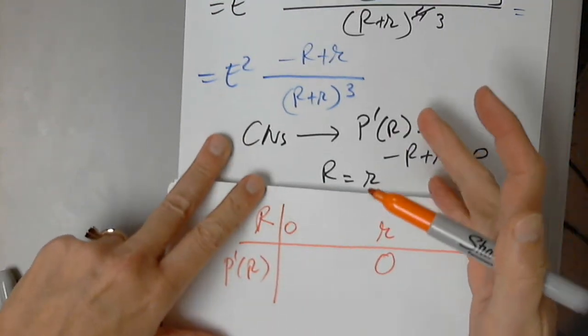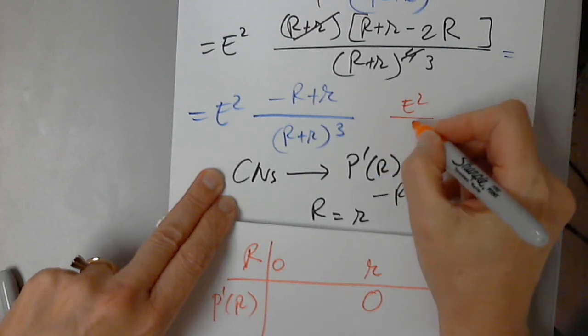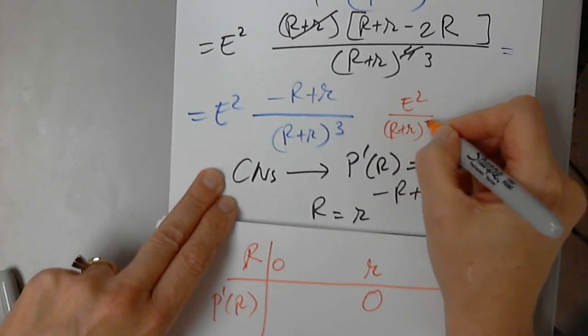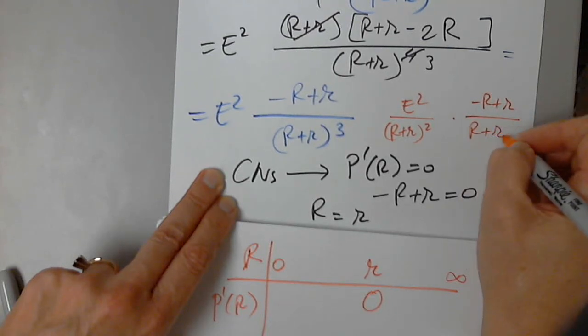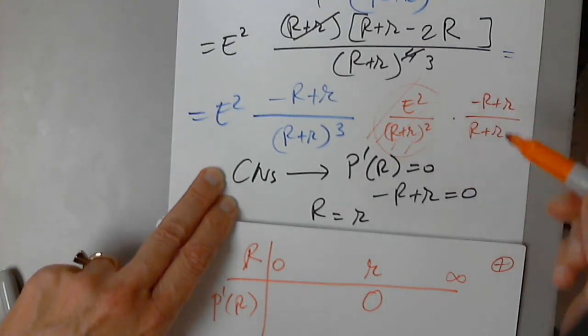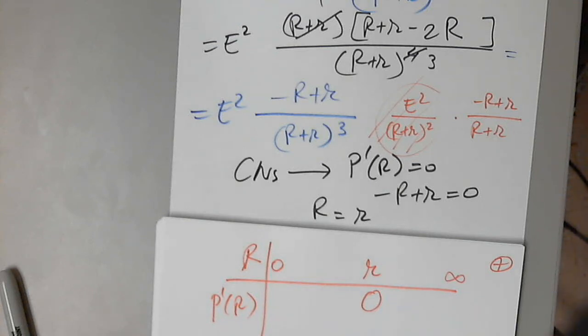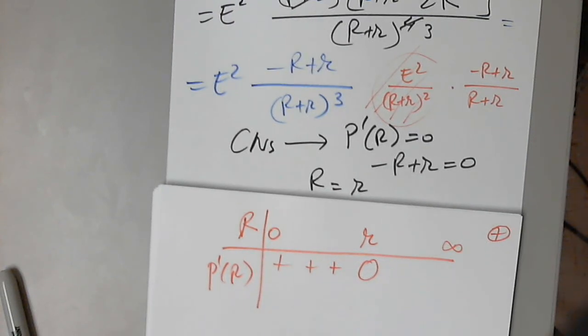Let me just rearrange the function, just for the purpose of plugging it in. So I will replace in that little piece R by 0. The top is lowercase r, the bottom is lowercase r, so the left-hand side is positive. So to the left of r, the derivative is positive.